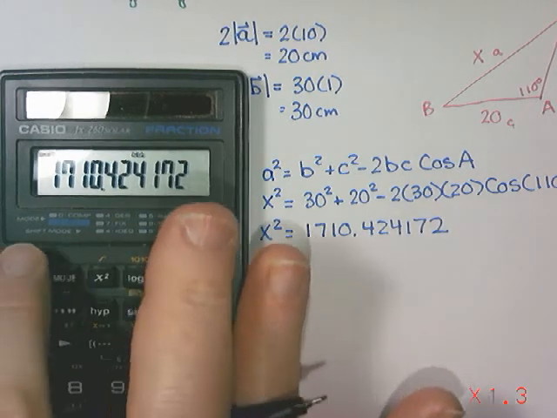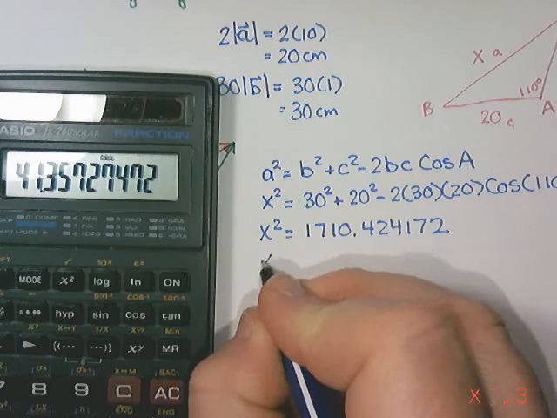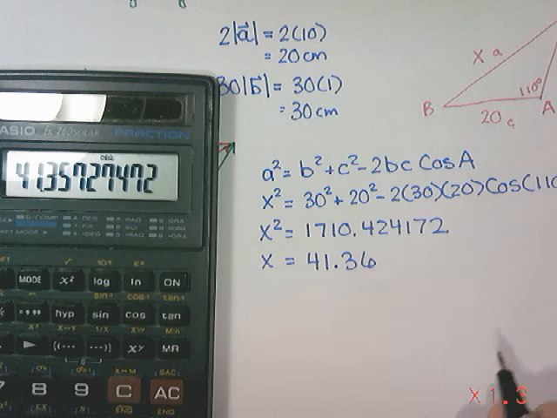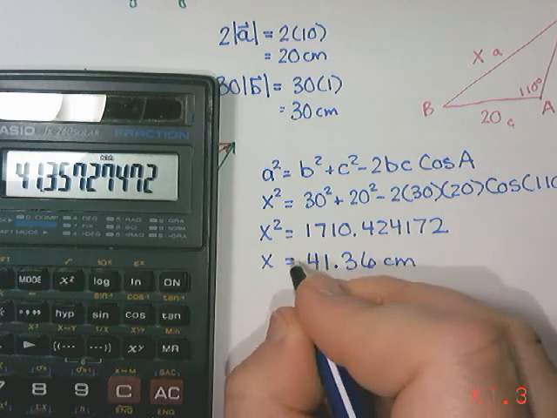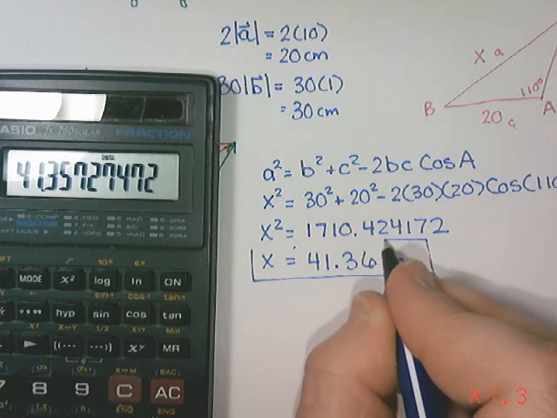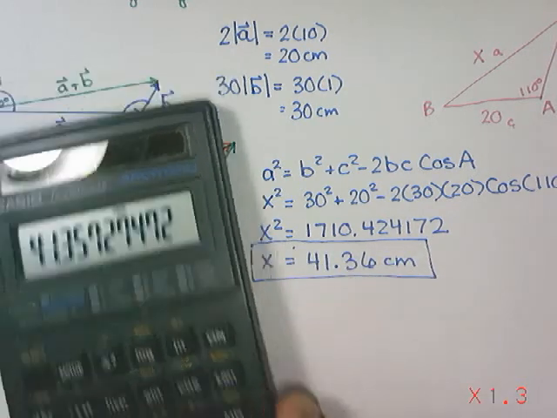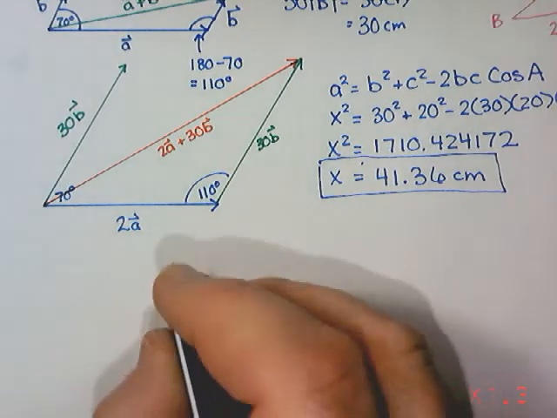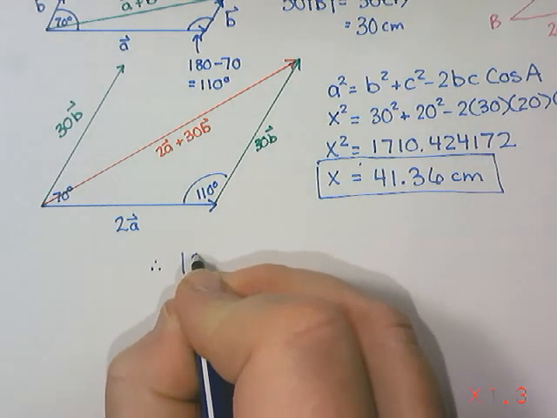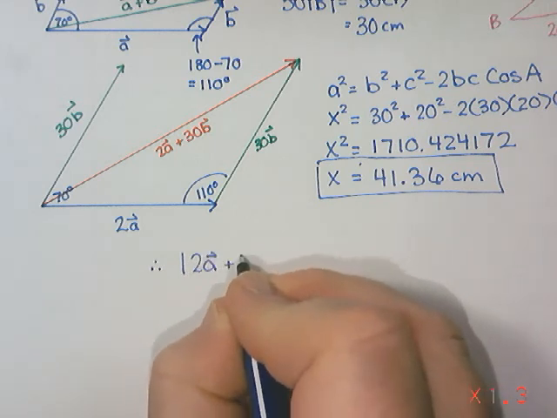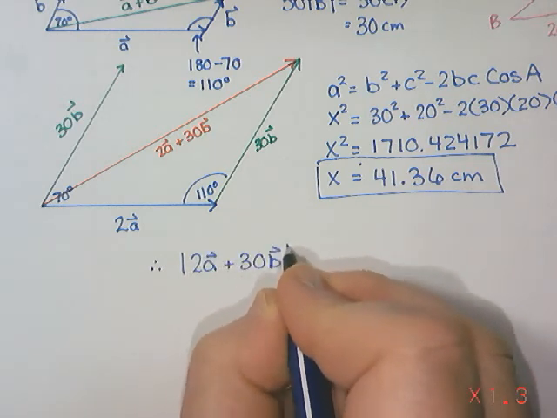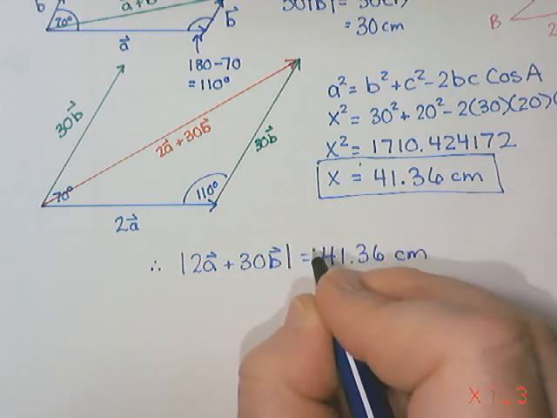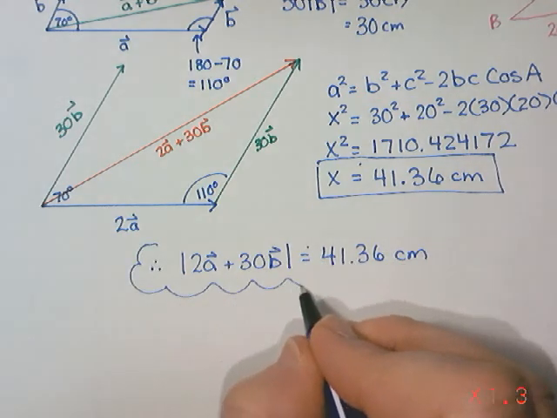And then I am going to square root all of that to get approximately 41.36 centimeters. So the question only asked for magnitude. It did not ask for the whole vector, so I don't have to do the angle. So I can just finish off by saying that the magnitude of 2a plus 30b is 41.36 centimeters. No further calculations required.